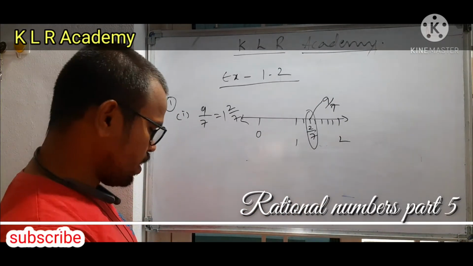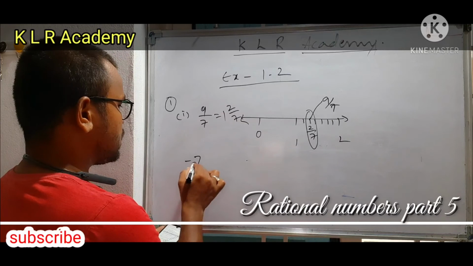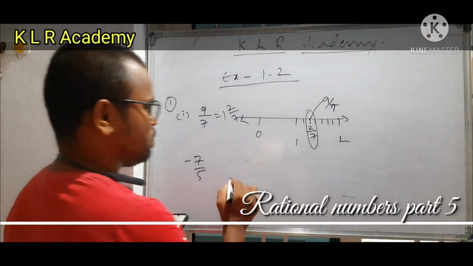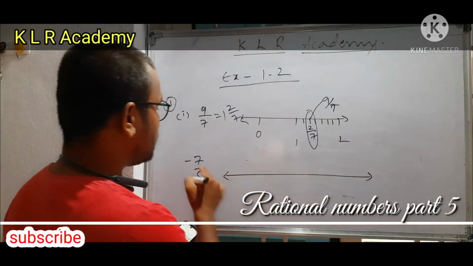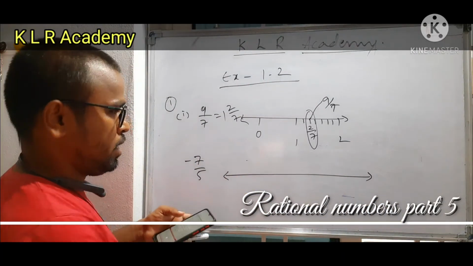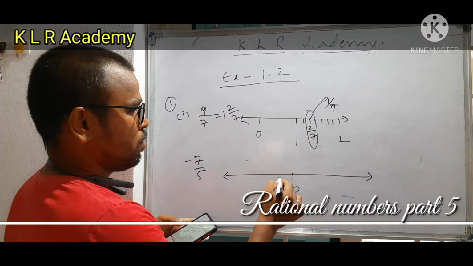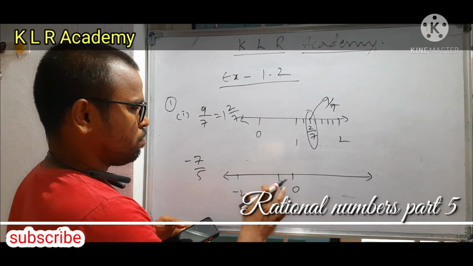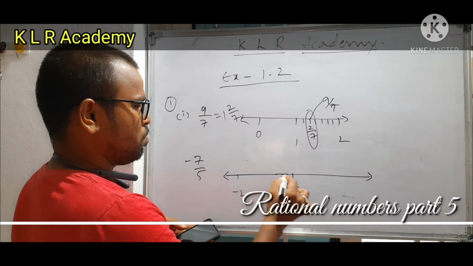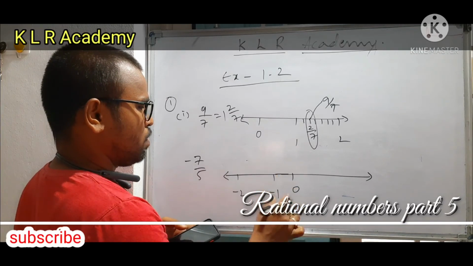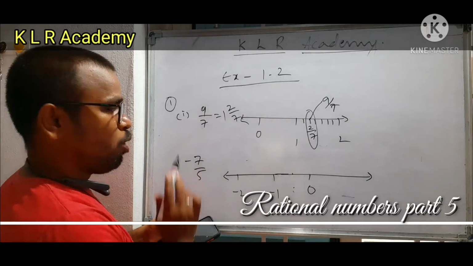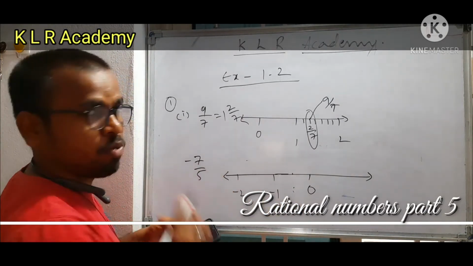Okay. Next one is -7 by 5. How can you represent a negative rational number on number line? So keep this minus aside and then 0, 1, -1, and this is -2. So this is an improper fraction. So definitely it will be more than 1.